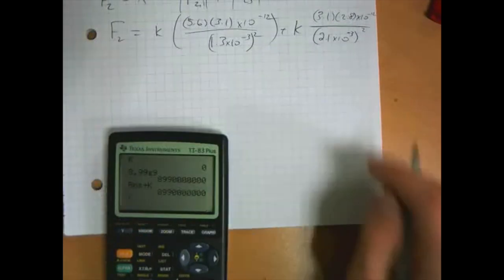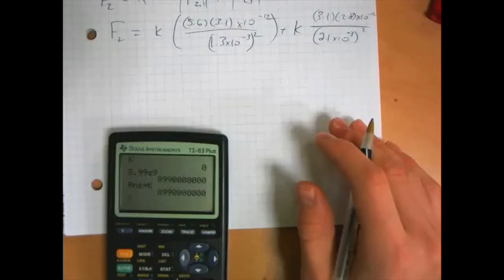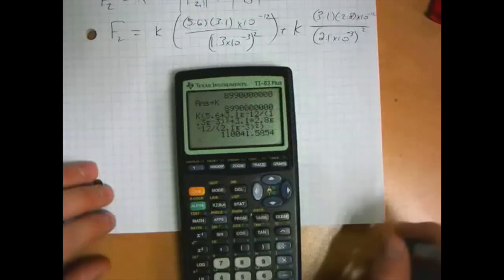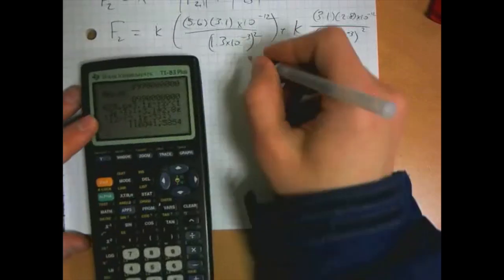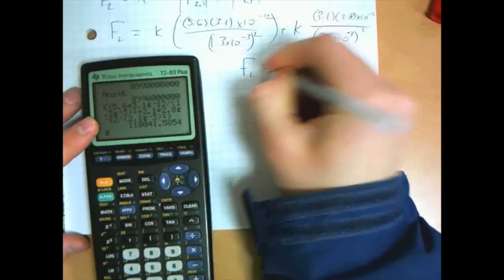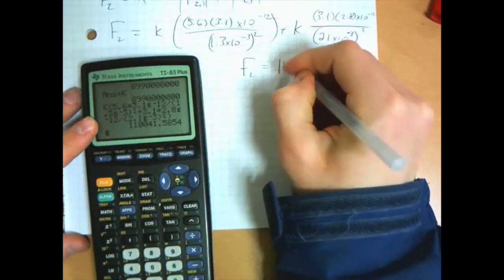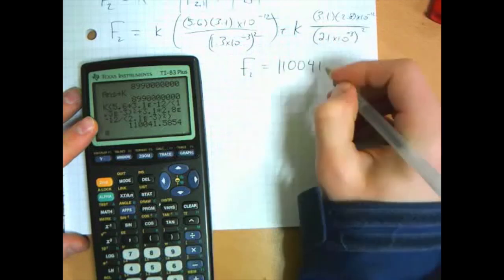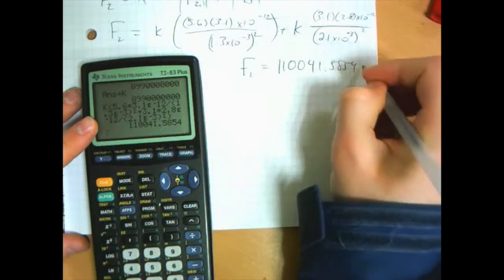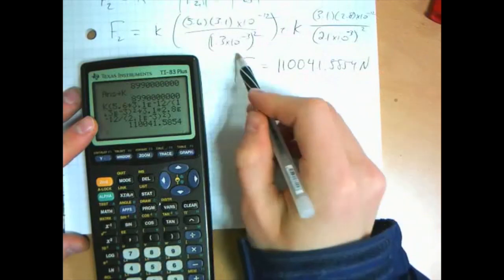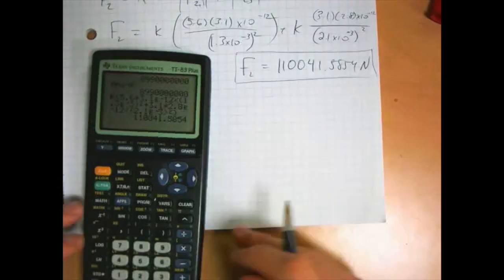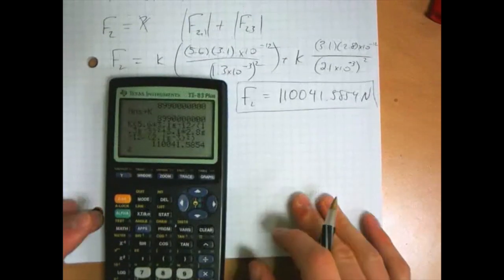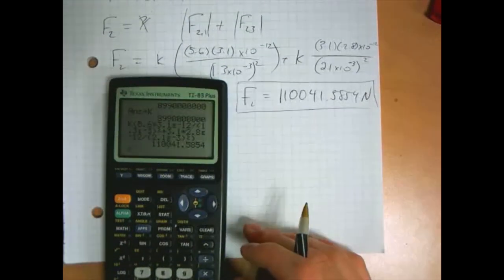Anyway, if we punch that into our calculator, we get 110,041.5854 newtons. That's huge. So you can see that the forces between electrical charges are really big.